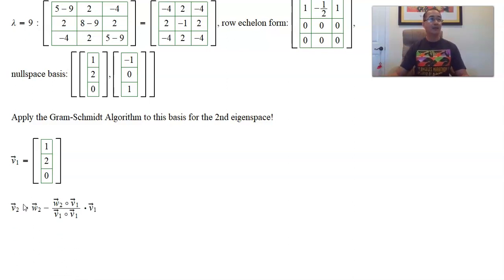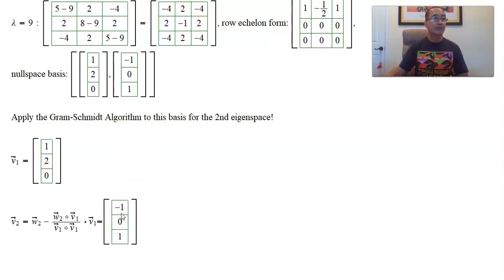Okay, so we will take W2, which is this one, and subtract from W2 the fraction W2 dot V1.